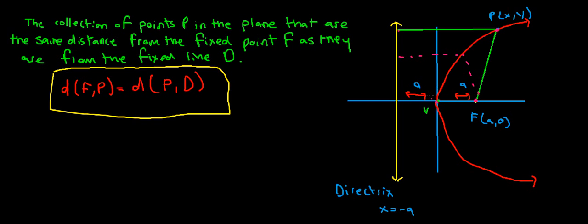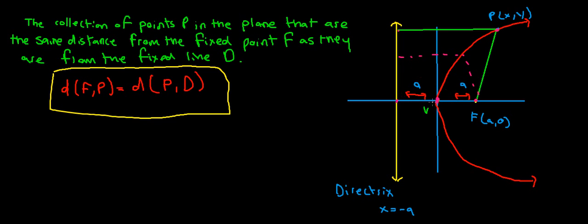And in this case, well, in all cases, the easiest way to look for equal lengths is to look at the vertex to the focus and the vertex to the directrix. Now this is how I'm going to get the equation.